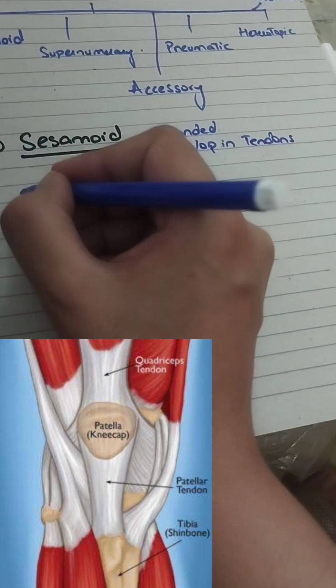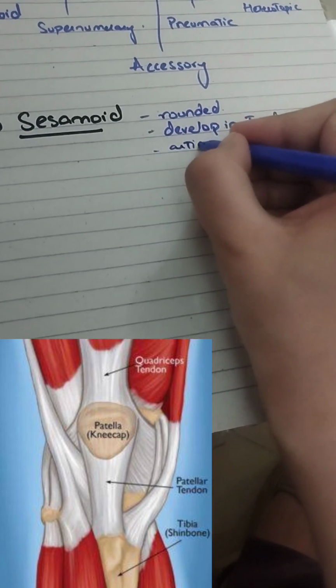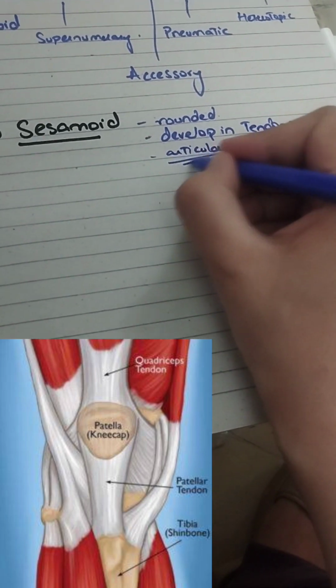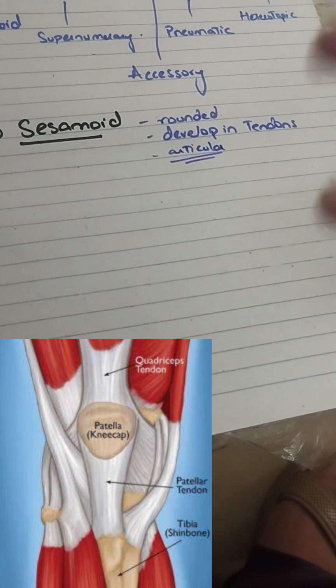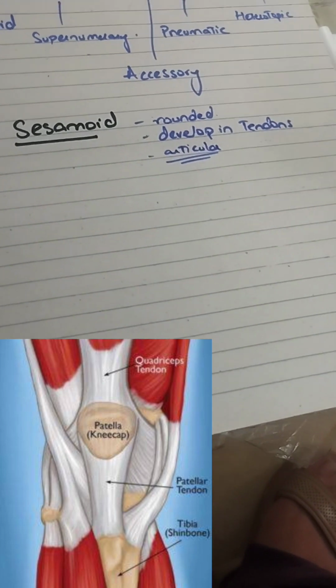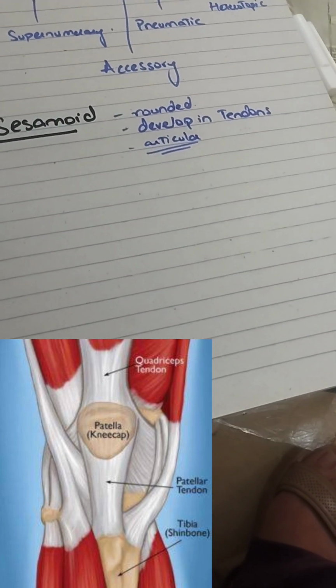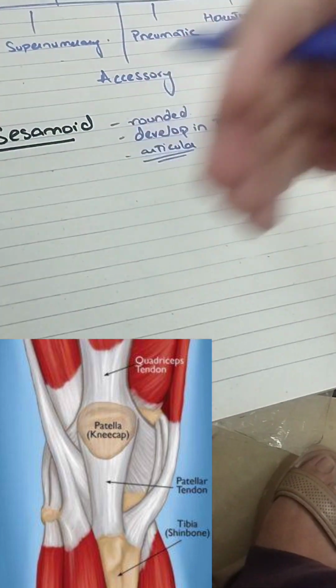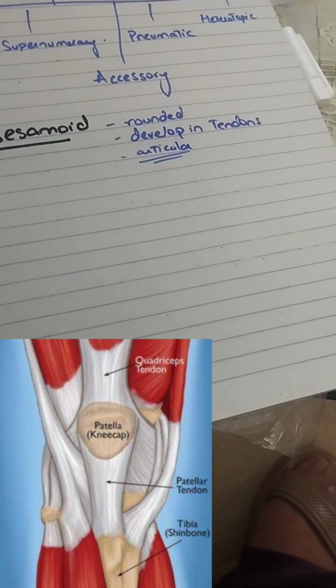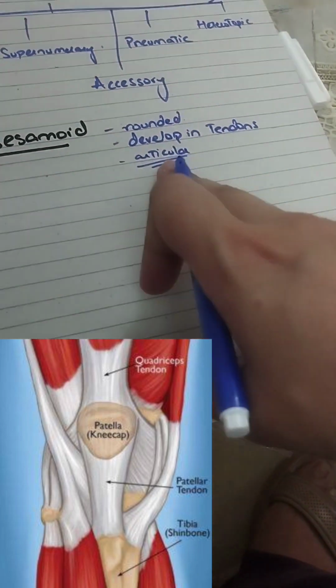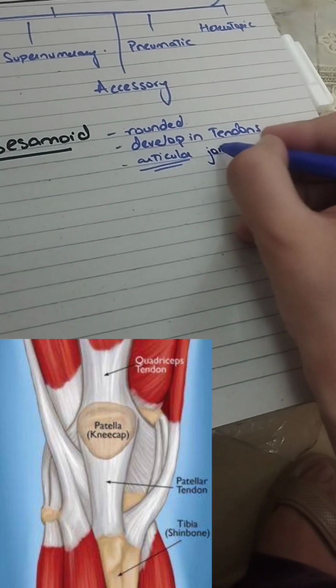So their function is primarily articular. By articular you mean that their function is to form a joint or to help a joint in movement by decreasing friction, modifying pressure, or by altering the line of pressure or movement at the joint. These things we will discuss later, but by articular you mean relating to joint.